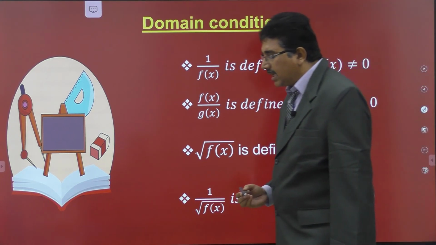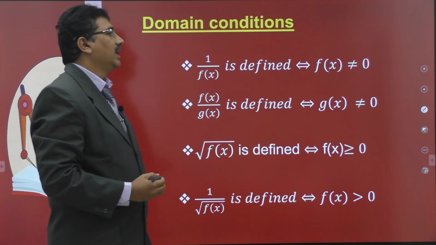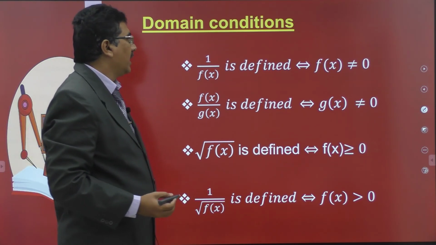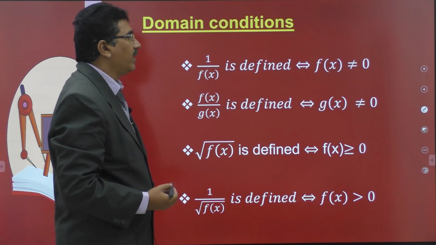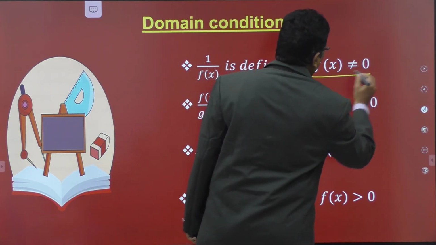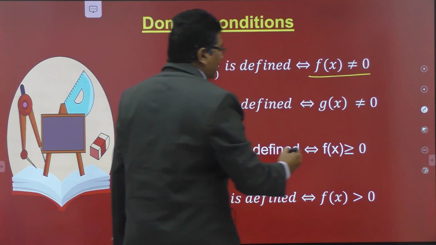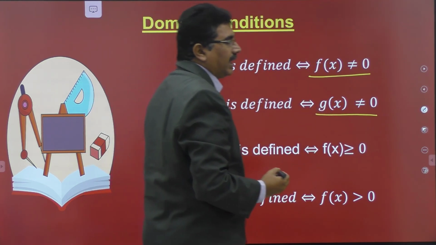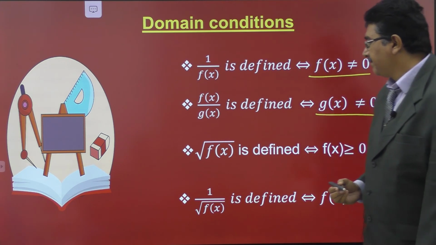Now, domain conditions. For finding the domain of a function, we must follow these conditions. Right? 1 by f of x is defined if and only if f of x not equal to 0. Right? If g of x not equal to 0, then f of x by g of x is defined.